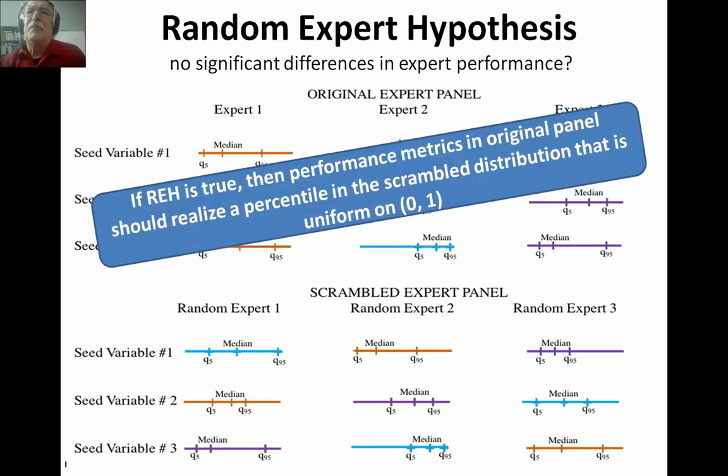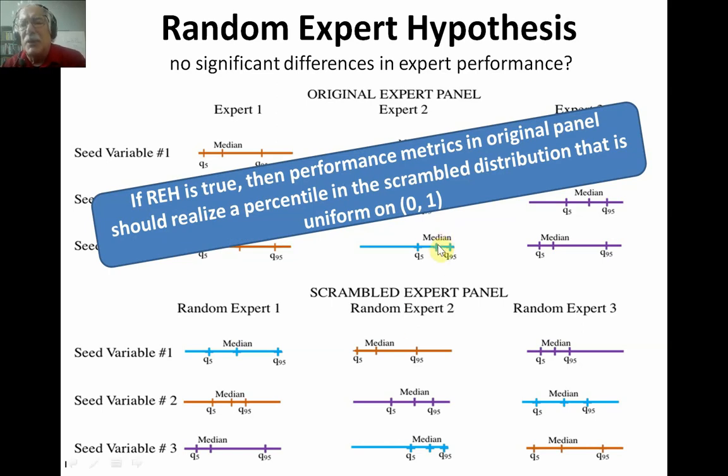So to be more precise, if the random expert hypothesis is true, then the performance metrics in the original panel should realize a percentile in the scrambled panel distribution that is uniform on 0, 1. So what does that mean?